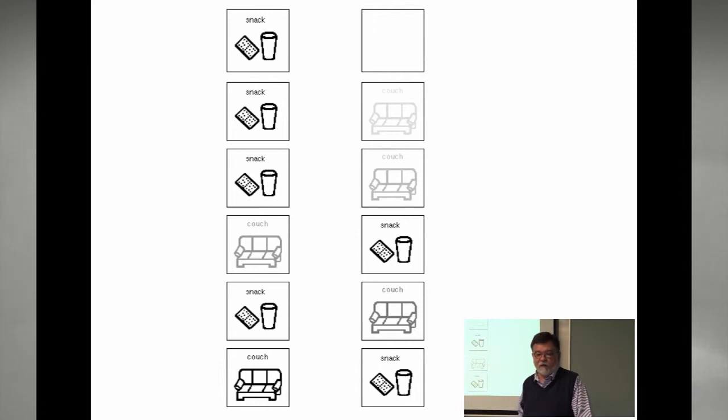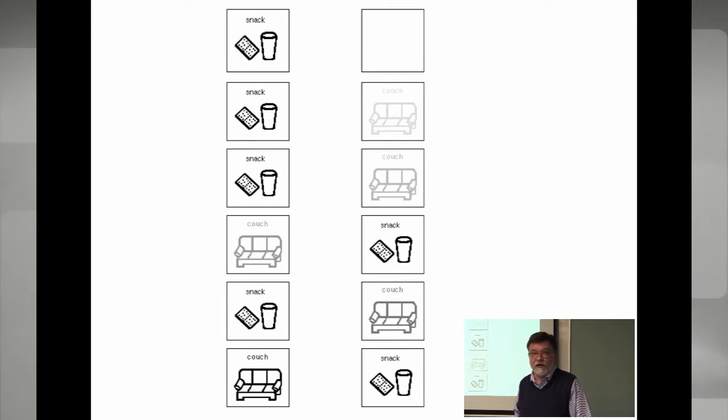Here's an example. So in this particular frame, snack is the target symbol that the learner is going to be taught to select. Why? Because he really likes snacks. He's not particularly interested in the couch, so I'm using the couch as the distractor. So initially, when the learner has two symbols in front of him, snack and a blank card, there's nothing particularly interesting about a blank card.